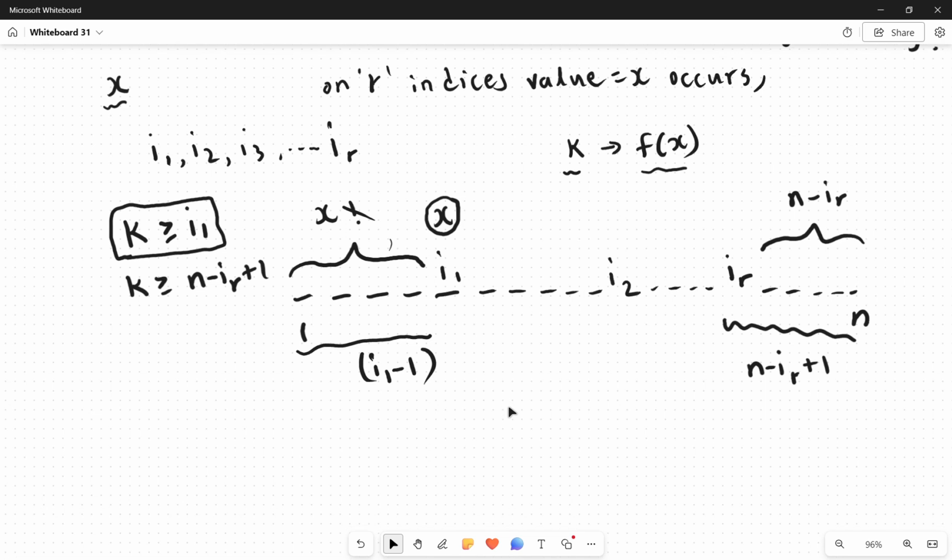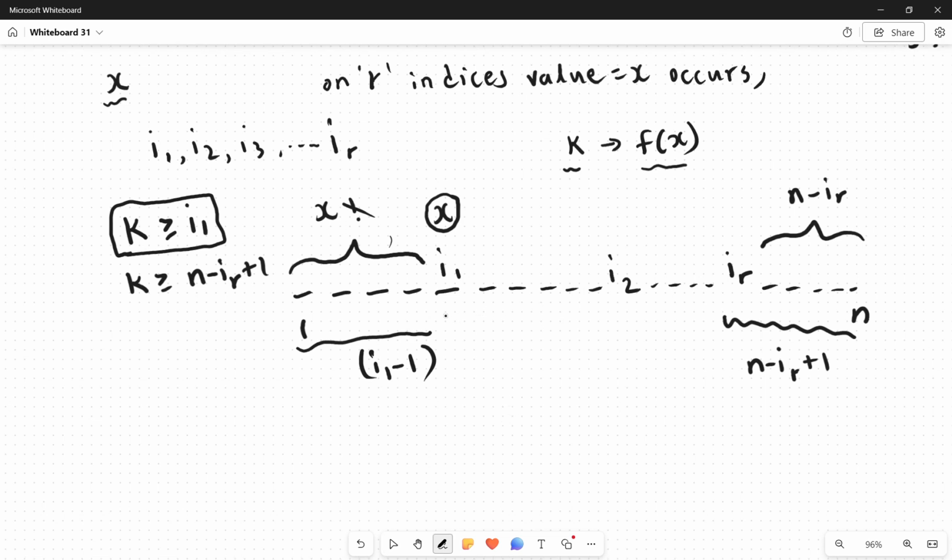And my k should also be greater than i(j+1) minus ij, right?